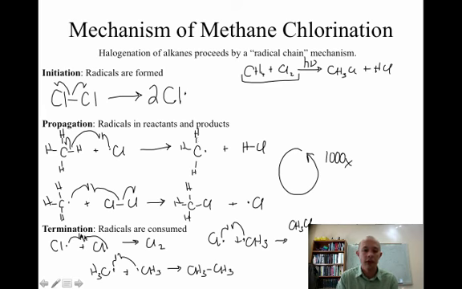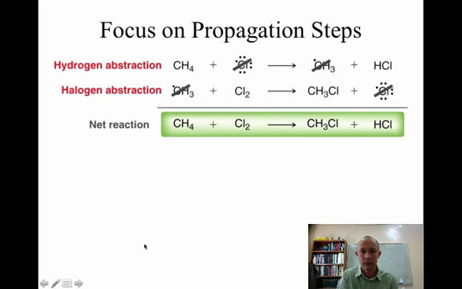So we have radicals in the reactants but none in the products. Those are called termination steps. Okay, so the net, really all you want to do is focus on your propagation steps, because the net result of your propagation step is the net reaction: methane and chlorine are consumed to form chloromethane and hydrochloric acid.